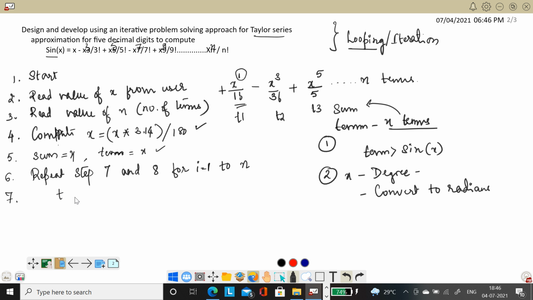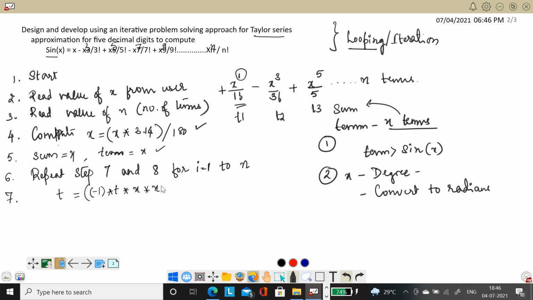In step 7, you will be computing the term. As I told you before, you have alternating minuses and plus. So for that purpose, I will use minus 1 into t into x into x.